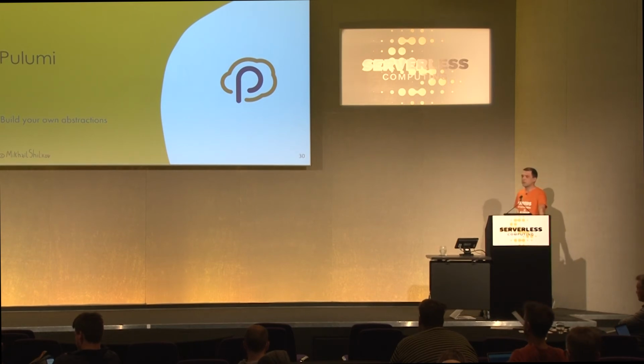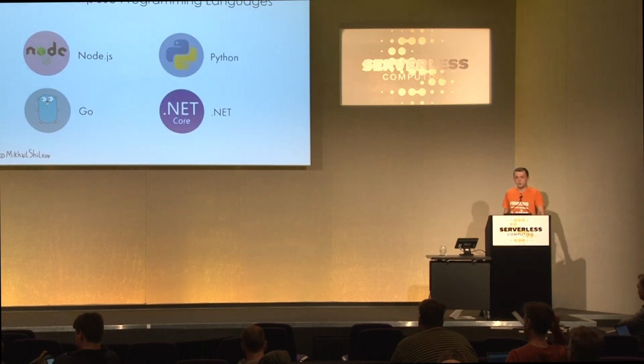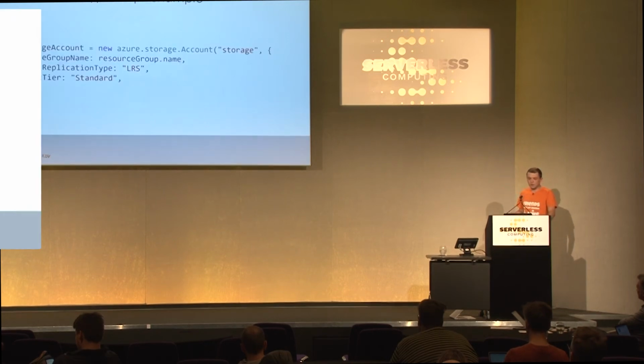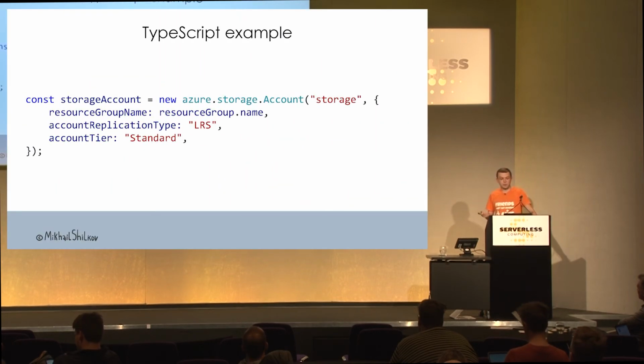You can think of it as Terraform, but the major difference is that you can use general-purpose programming languages to define the infrastructure, like JavaScript, Python, Go, C#. Here is a basic example of a TypeScript resource. You open your Visual Studio Code or something, and then you type new. You create a new object, and that defines your cloud resource.